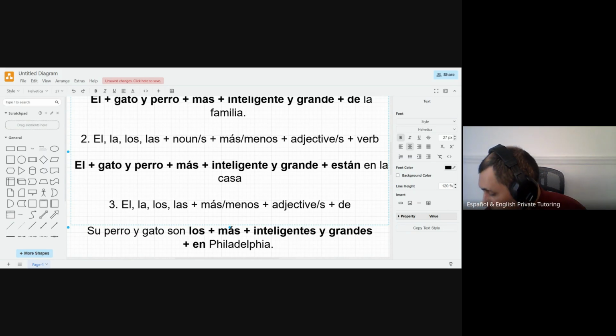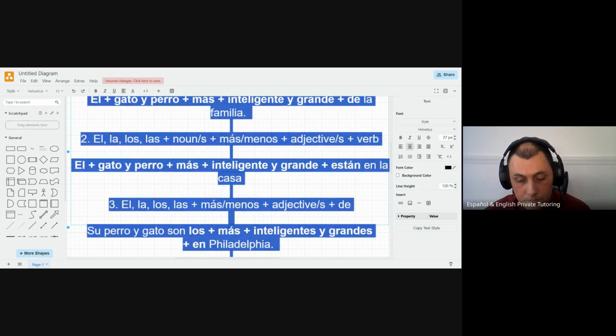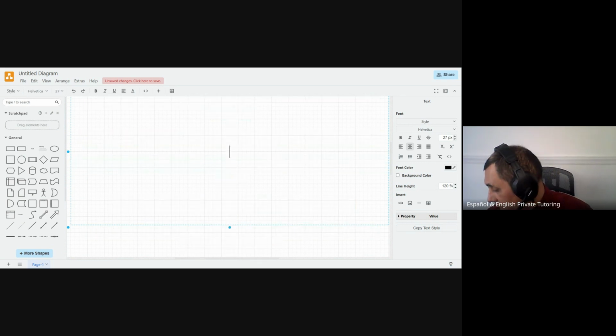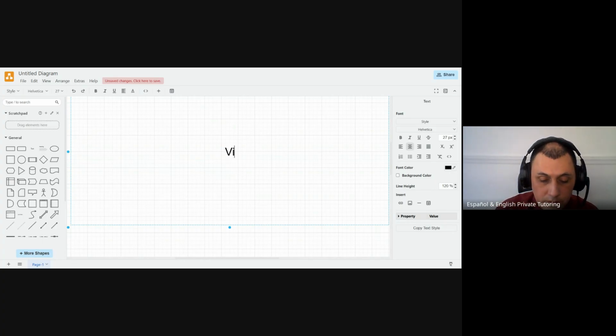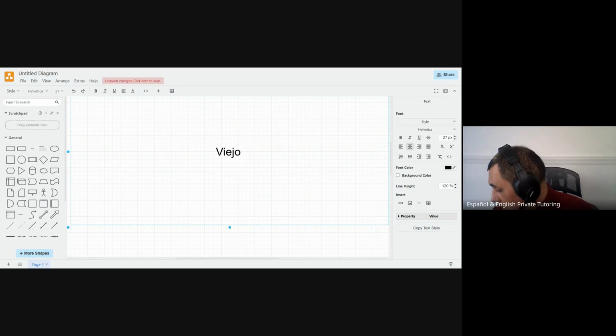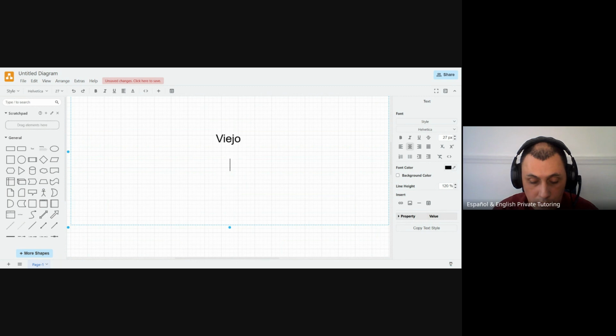Let's go to page 115. So let's talk about viejo. This is an adjective that can be used with the superlative and comparative form, and there's something the book doesn't explain. Viejo can mean older, which will be mayor.